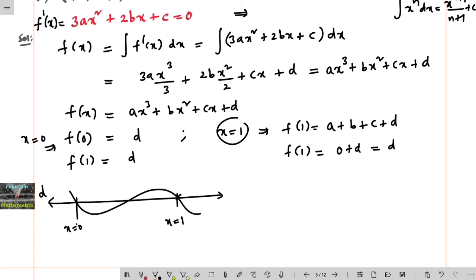For x is equal to 0, f of x is d, and for x is equal to 1, f of 1 is equal to d. And what is the derivative here? Derivative is nothing but the slope of a tangent at a point.